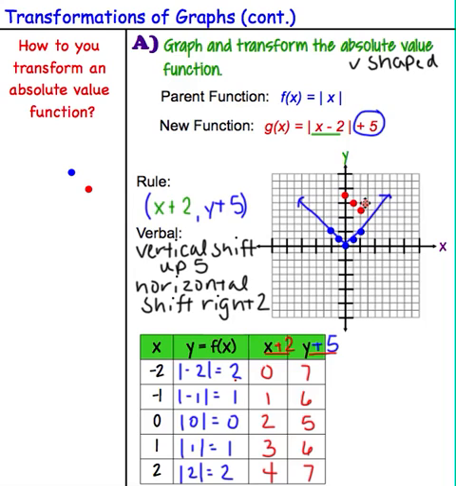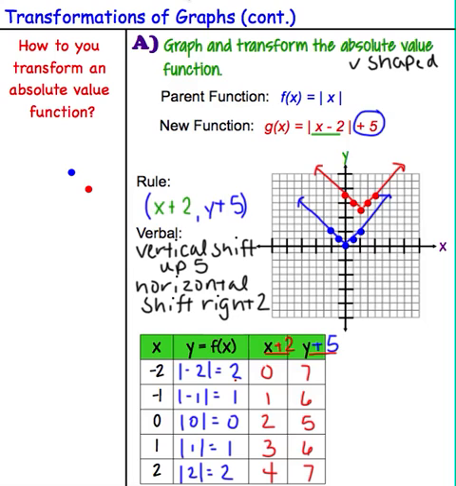So I'll move that over. And 4, 7. And we can go ahead and draw the line in. And we have just drawn our transformation of our parent absolute value function to the right 2 and up 5.